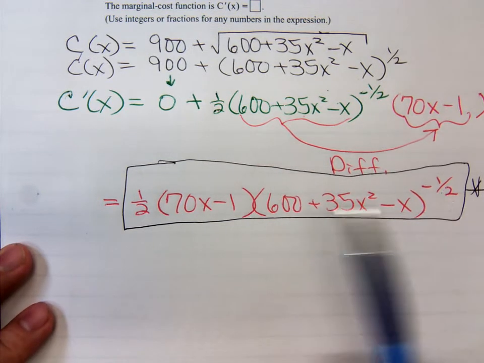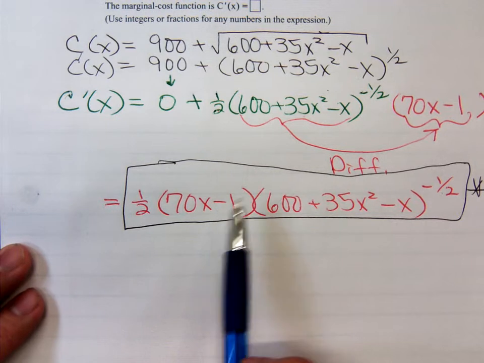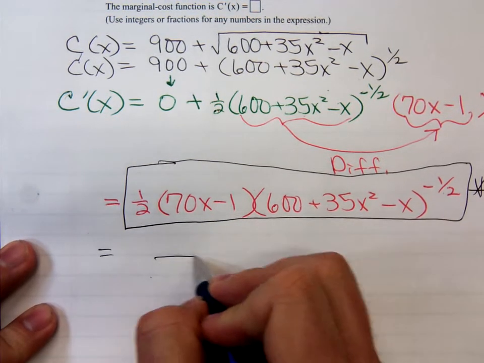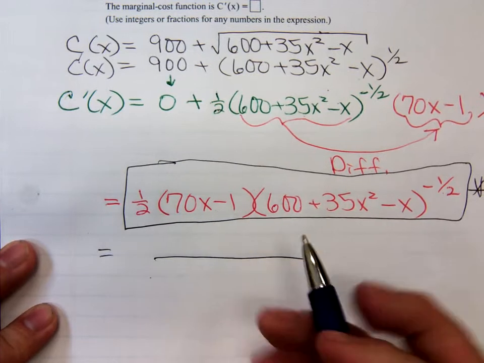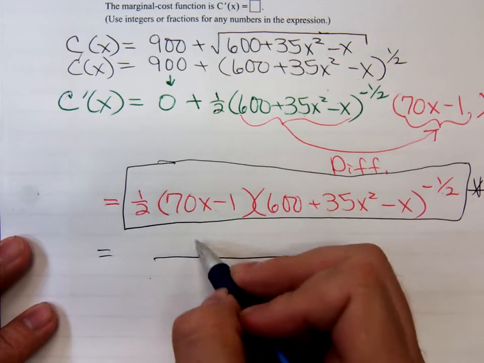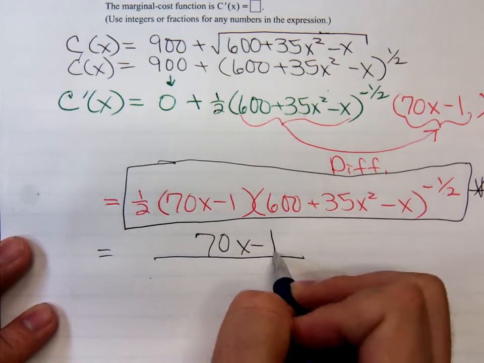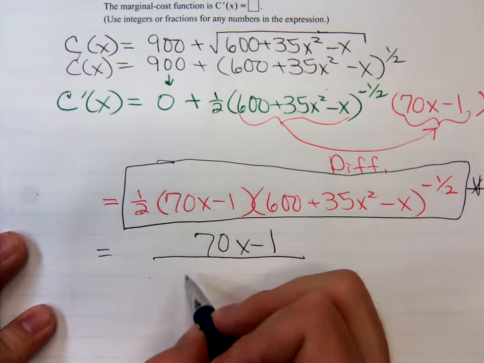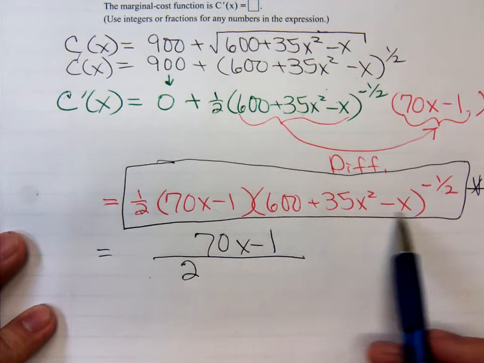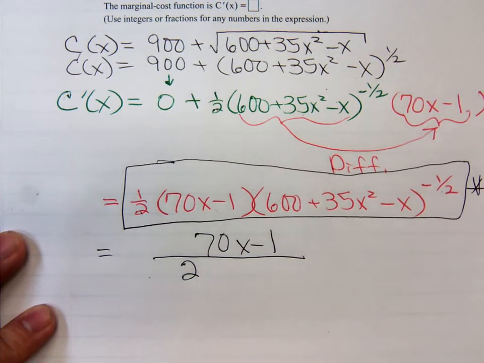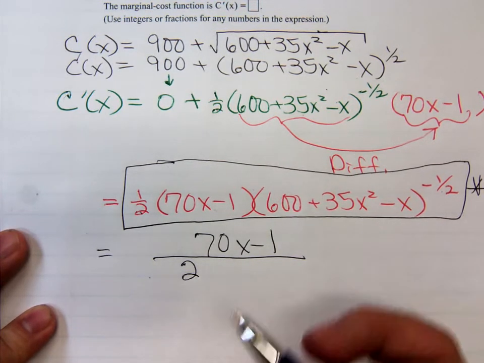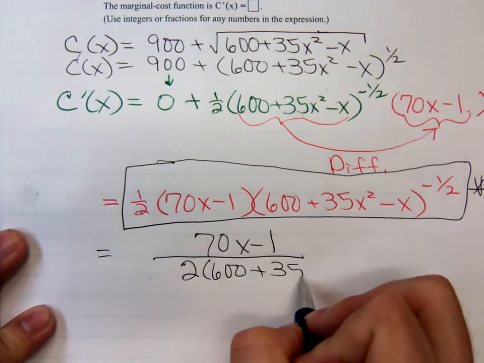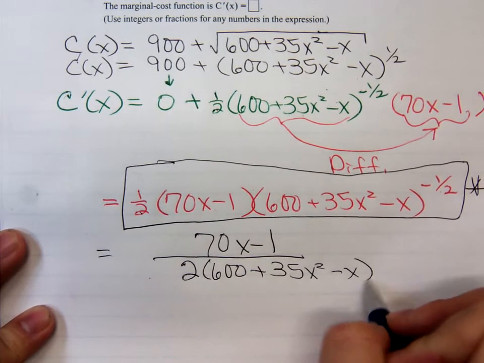That 70x minus 1 doesn't have a negative exponent, so it's going to go up on top. 1 times 70x minus 1, that's on top. On the bottom, you have a 2, and you have that trinomial raised to the negative 1/2. That's going to become the trinomial raised to the positive 1/2.